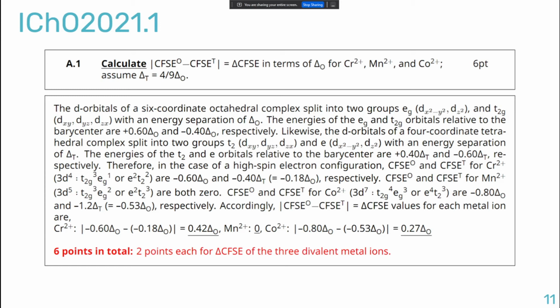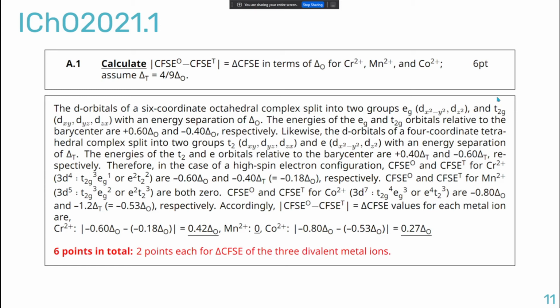You just need to calculate something one by one and then compare and make a conclusion. But as you can see, the answer that is actually rated, for which you are given points, is like this. For chromium, it should be 0.4 delta O. For cobalt 2+, it's something 0.3 delta O. And that is what the graders are expecting from you.